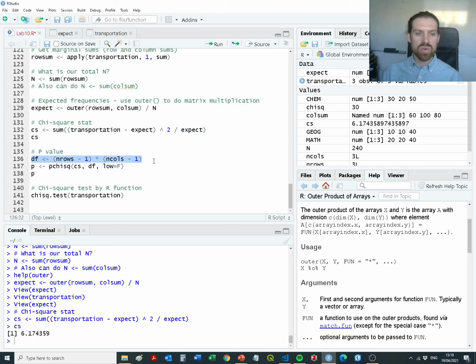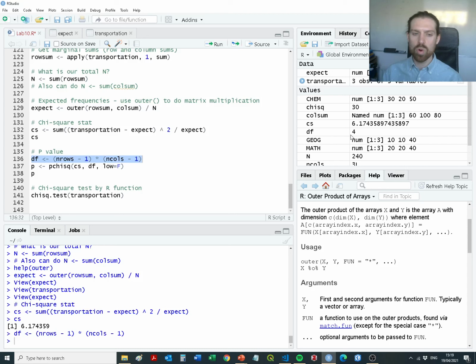Then we just need to get the number of degrees of freedom before we progress, so when we do that we get 4. So we're subtracting 1 from the number of rows and 1 from the number of columns and multiplying them together. And then when we go back to that same chi-squared distribution that we used previously, we want p chi-squared because that's indicating we want the probability for the occurrence of this chi-squared test statistic here.